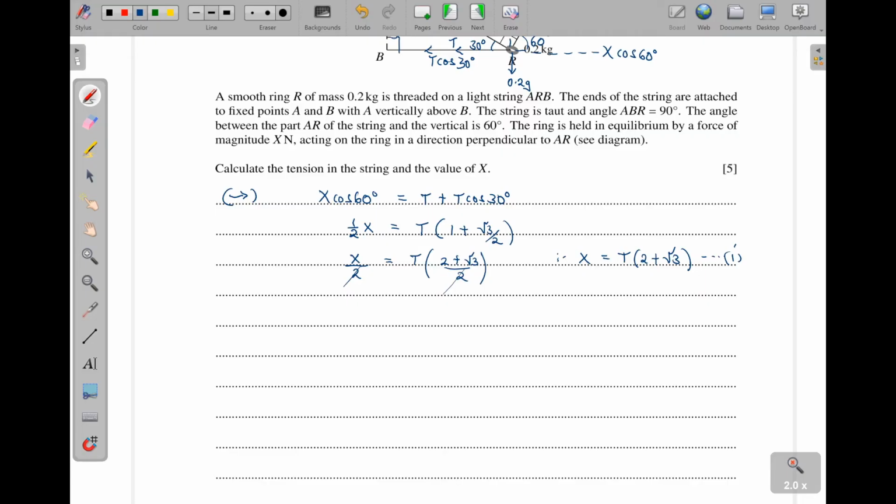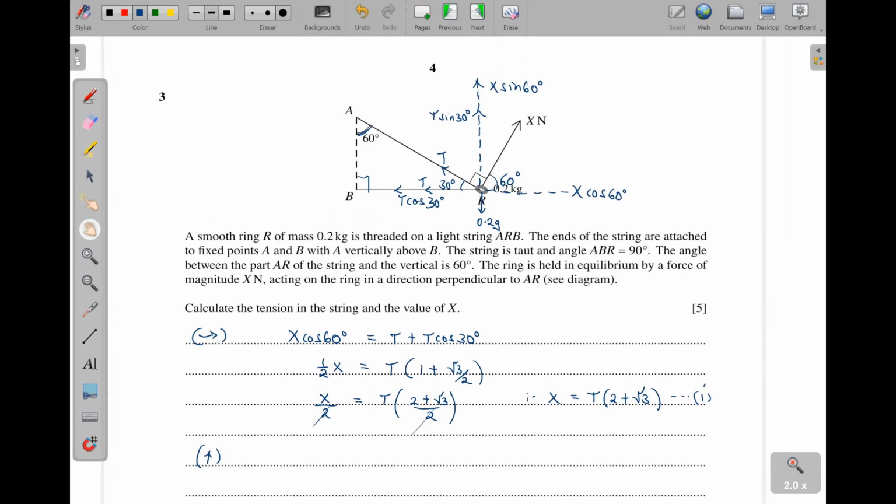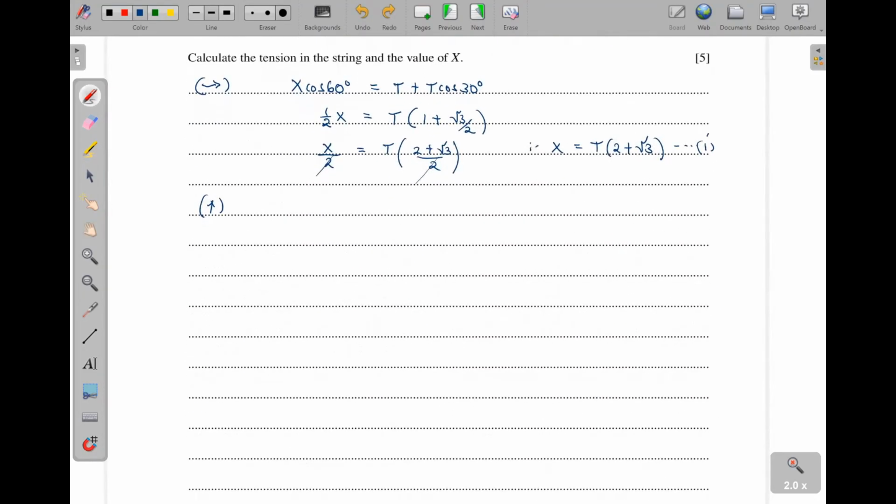Then how about when we resolve forces vertically? When we resolve forces vertically, what do we see in the diagram here? We are seeing these forces here equivalent to the weight down here. So I'm going to write t sine of 30 degrees plus x sine of 60 degrees.